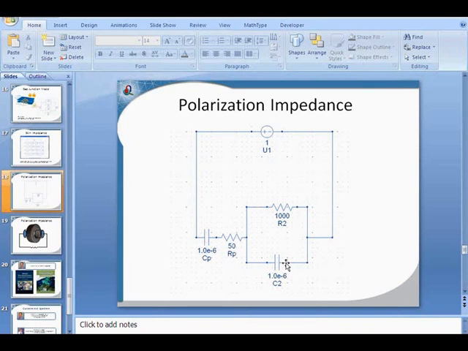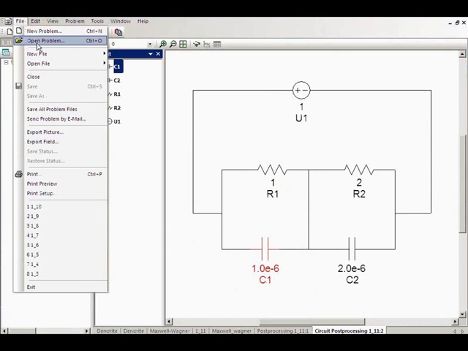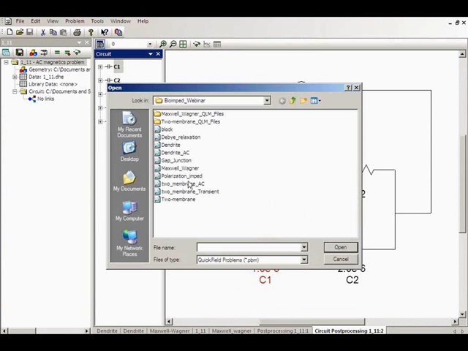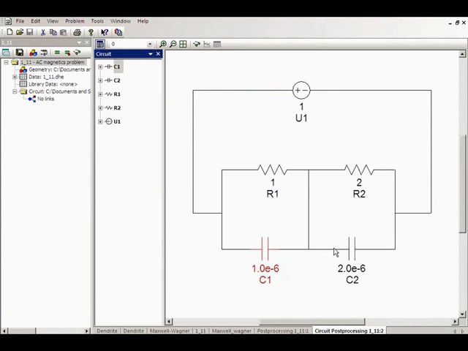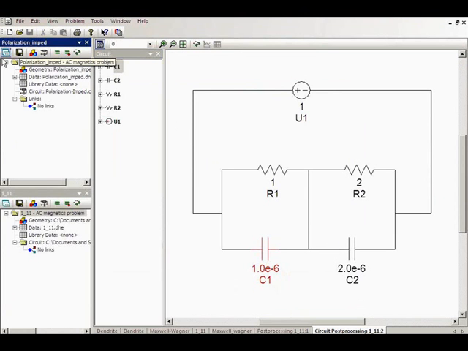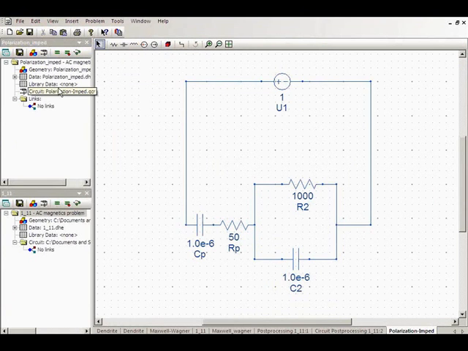This gives rise to the so-called polarization effect, which is very troublesome for biophysical measurements. Now, I can simulate this in QuickField. Here is the polarization impedance model, and we can make a Bode plot and see how this polarization is affecting the result.